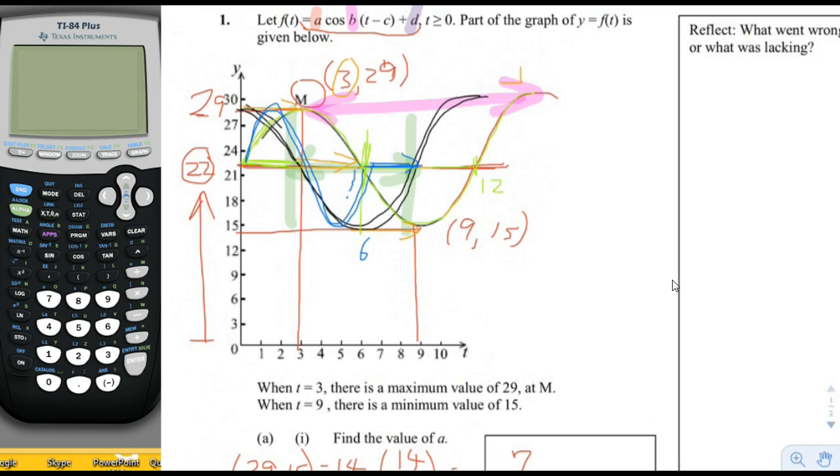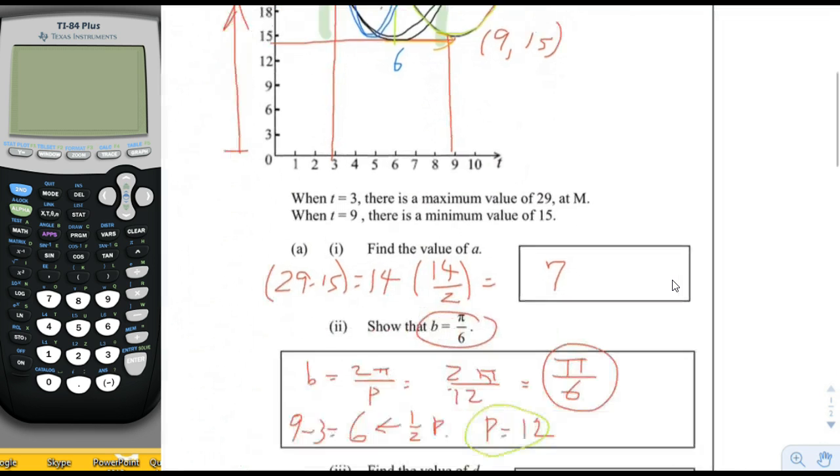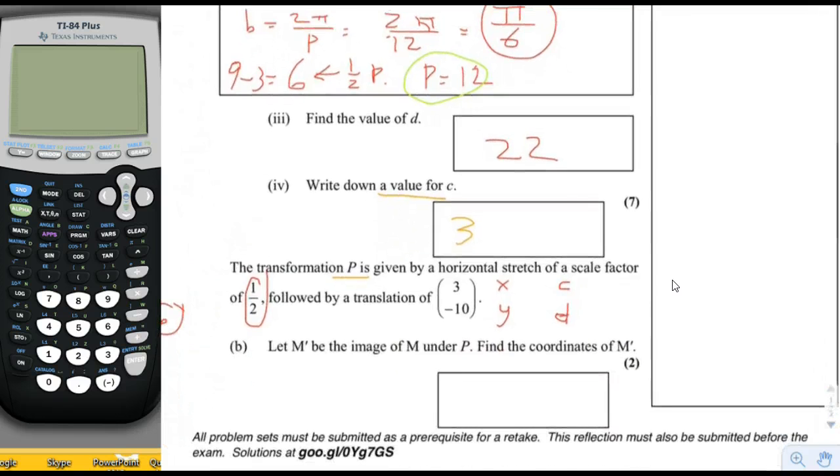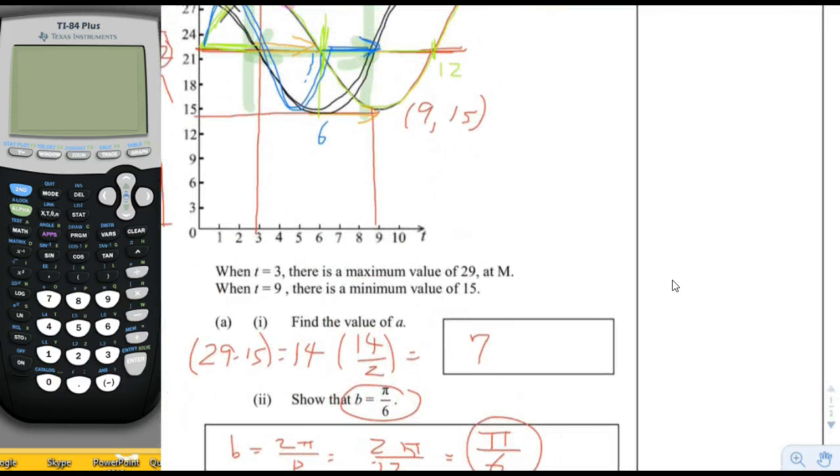And then it's going to go down by 10. So it'll go from 22 to about 12. Okay, and then the thing will kind of look like that.